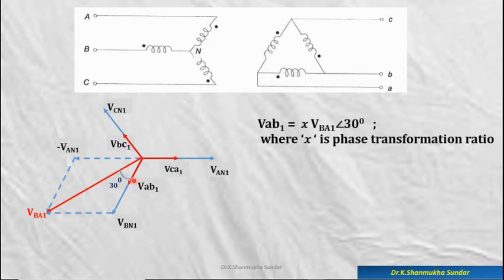So this is what we can write: small VAB1 is equal to X VBA1 at 30 degrees, where X is the phase transformation ratio. So this is a relation we got there.